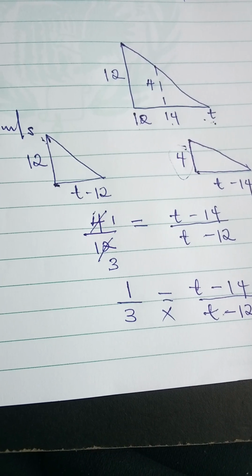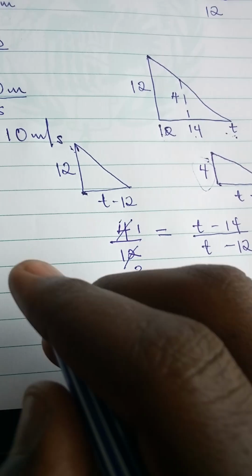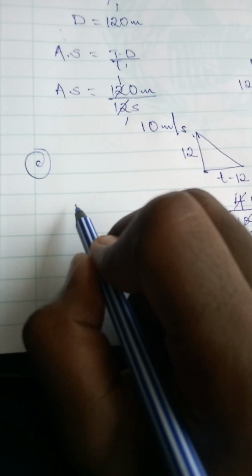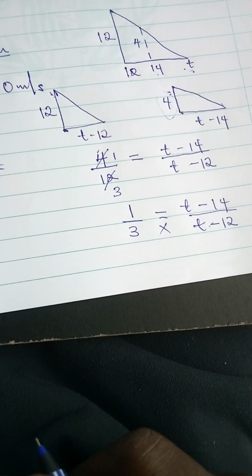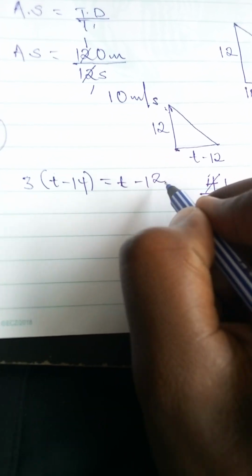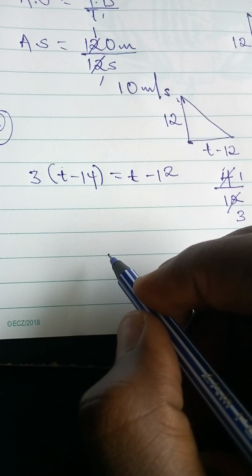So from there you just cross multiply. What you should bear in mind is that you are going to multiply 3 with the t minus 14 is equal to 1 times t minus 12, which is t minus 12 there. Then you just simplify.